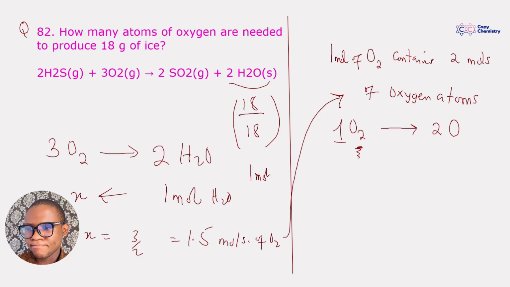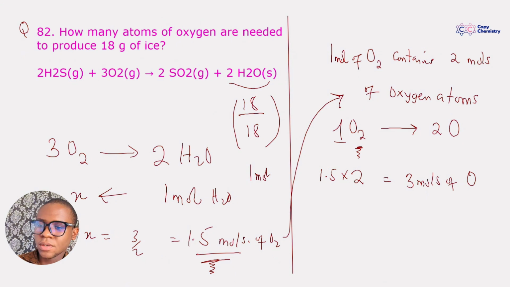All right. So it means that if I have 1.5 moles of oxygen gas, I'm talking about 1.5 times 2, which is basically 3 moles of oxygen atoms.